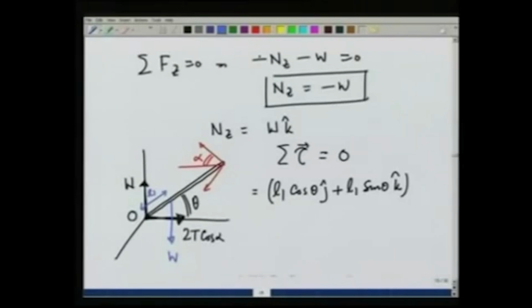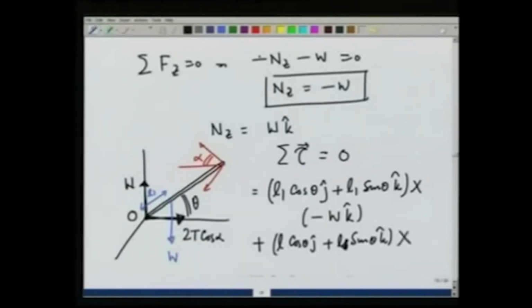So, distance where W is acting is L1 cosine theta j plus L1 sine theta k, cross product of minus W k. The other forces are tension. So, that would be plus L cosine of theta j plus L sine of theta k cross.